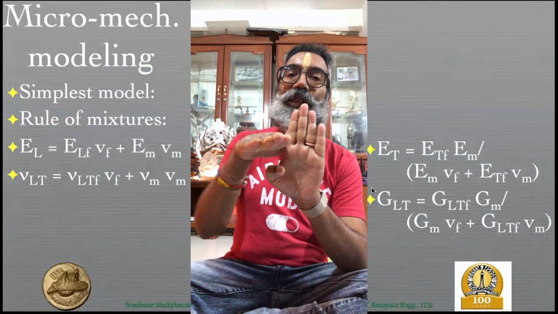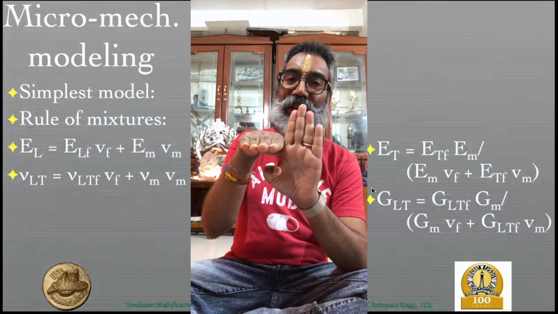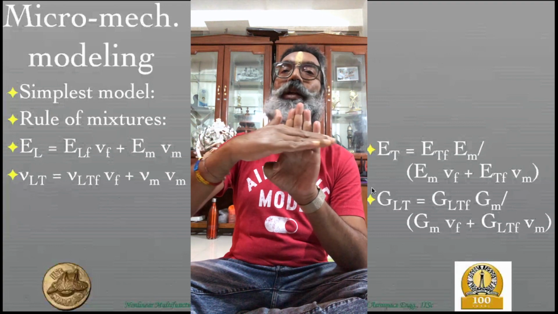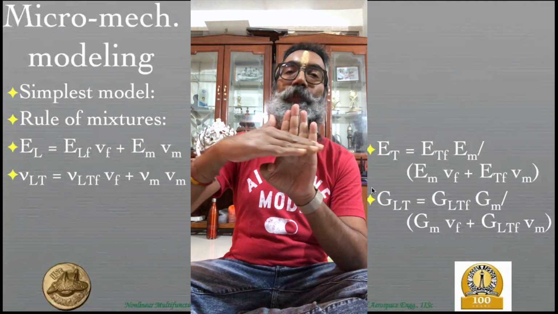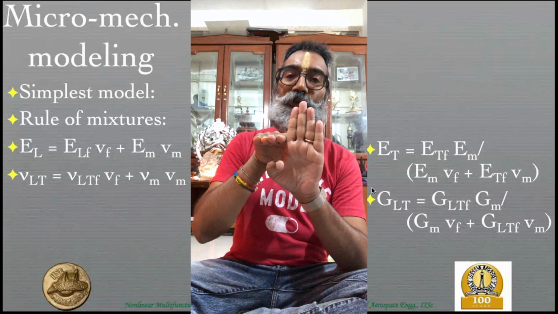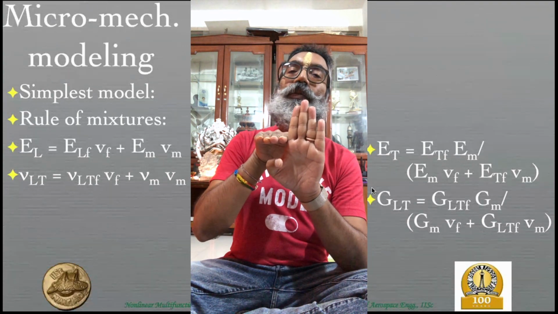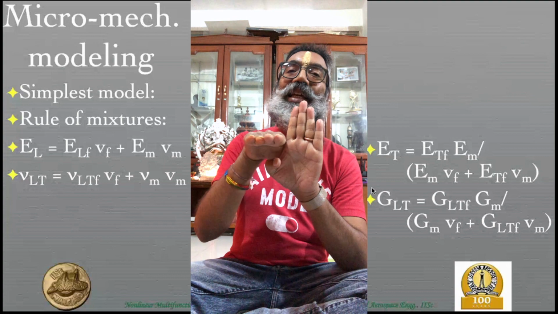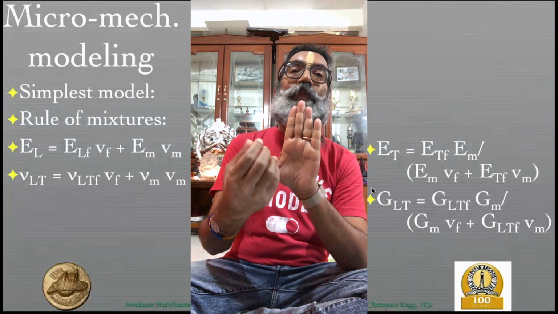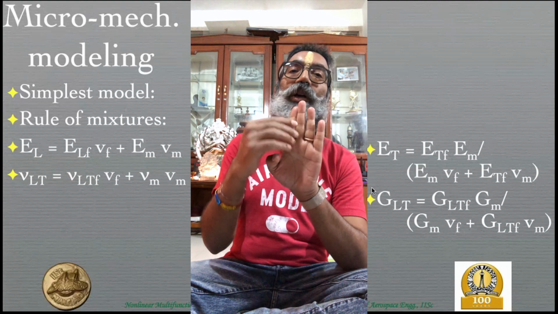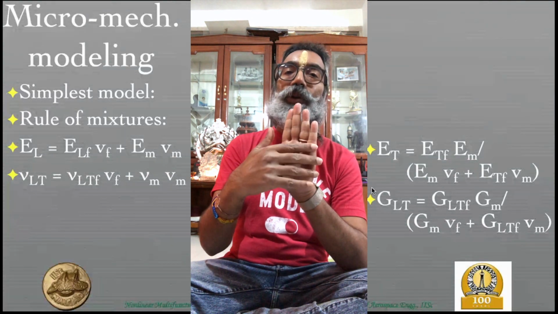So if we call this the T direction, which is the transverse direction, this is also a transverse direction. Just to distinguish it, we will call it T prime. So now we will be talking of a shear modulus G with subscripts TT prime, and that will be dominated by the matrix behavior, because the fiber would hardly contribute towards that.